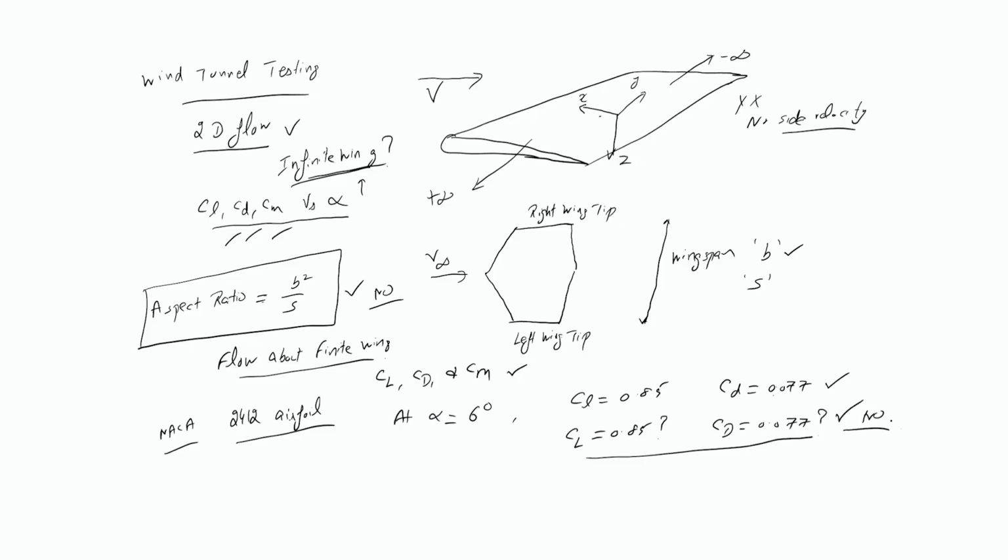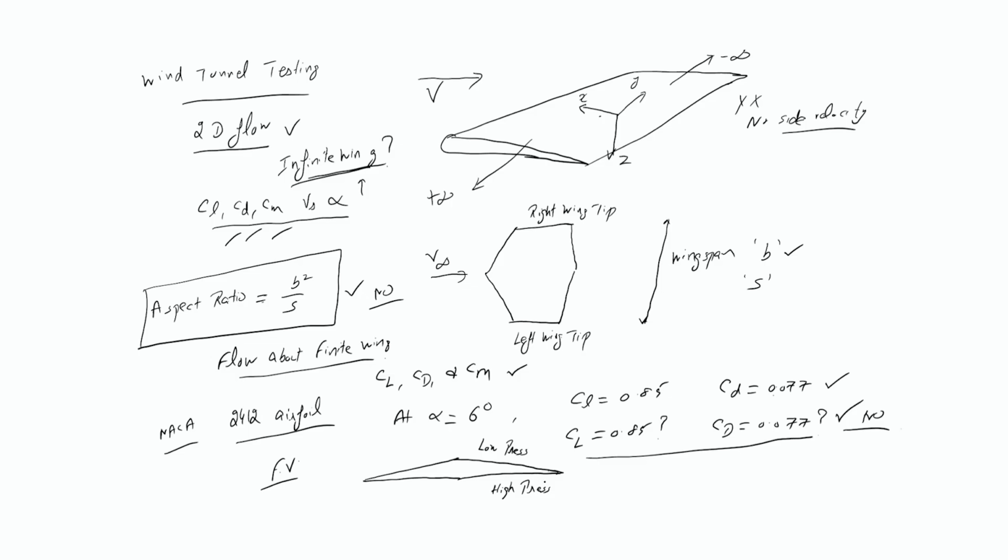It will actually change. So what happens is, now consider this as a front view of the wing, and as I said, there will be higher pressure at the bottom surface and low pressure at the top surface.